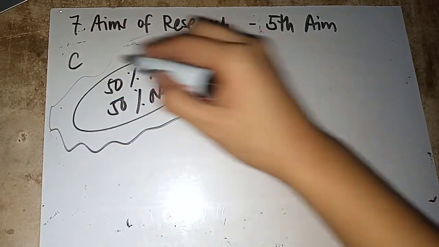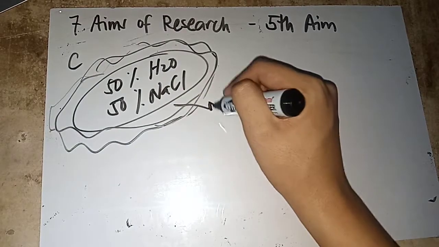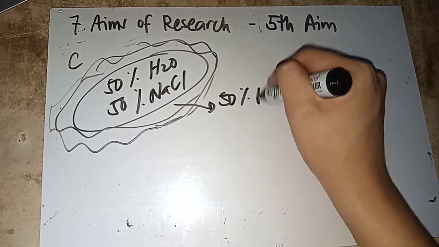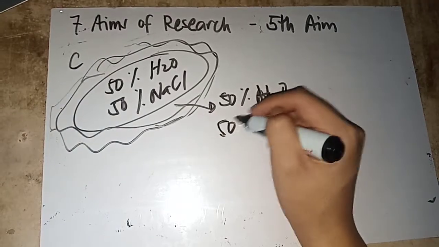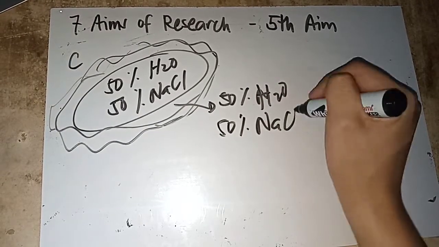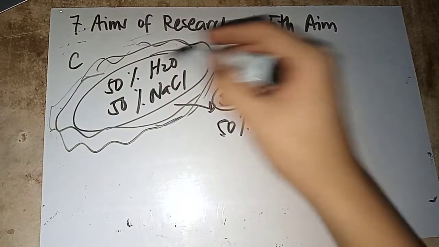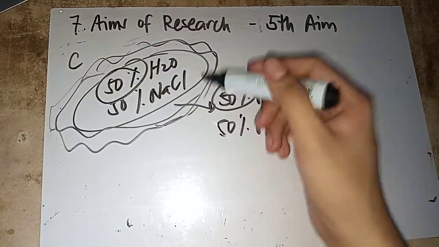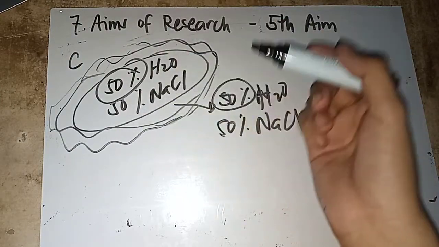Then the solution outside of the cell also is composed of 50% water, H2O, and 50% salt. In this case, the concentration of water is equal both inside and outside of the cell.